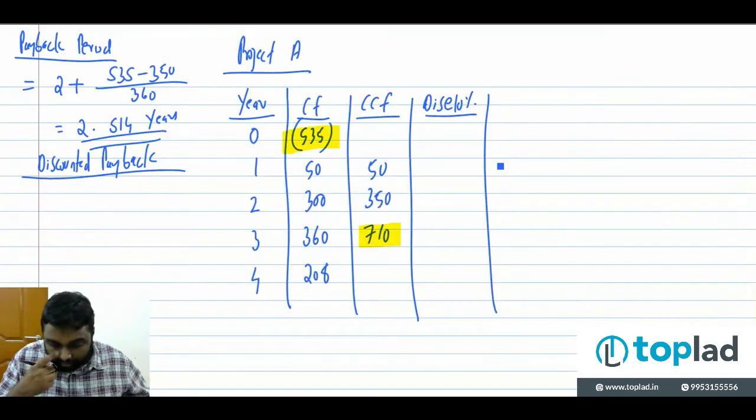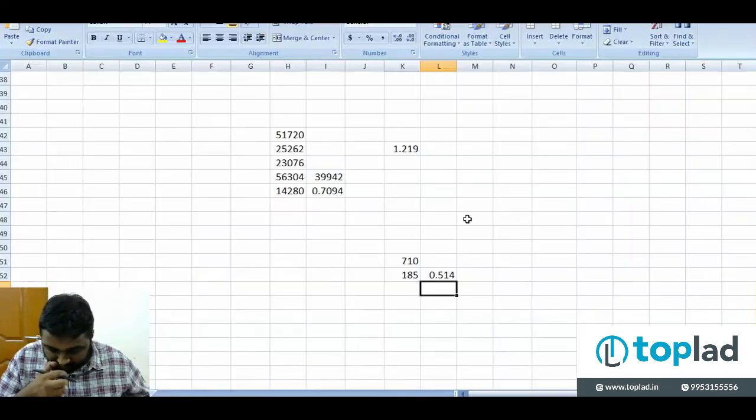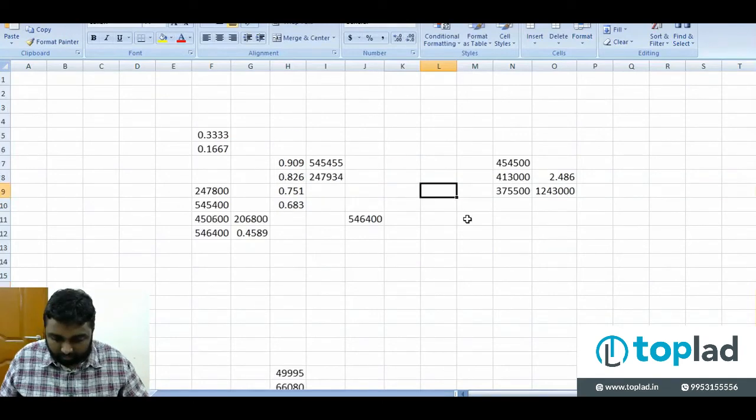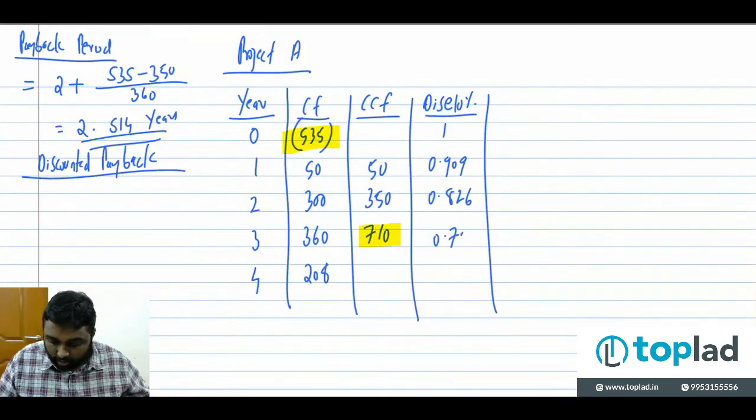We know for 10%, the first year factor is 1, the second year we have already done: 0.909, 0.826, 0.751, 0.683. So discounted cash flow.